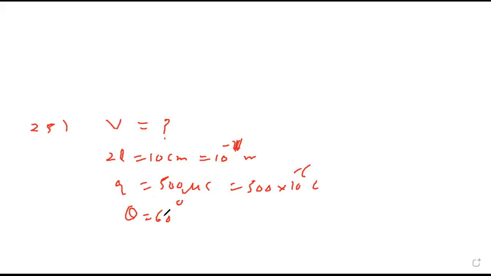At a point on the line making 60 degree with the dipole, it is 10 raised to 5 volt. The distance of the point from the center of the dipole is how much? This we'll do in the next class because there is a slightly lengthy calculation, and we have not done this topic in 11th standard. So next lecture first I will explain, then we'll move ahead.